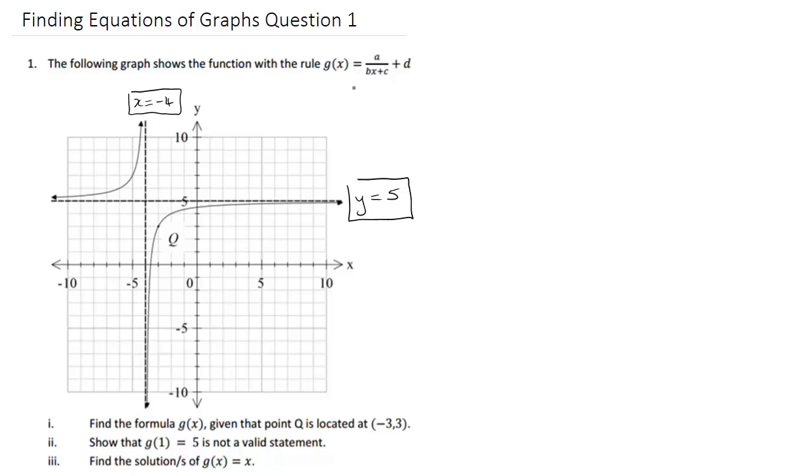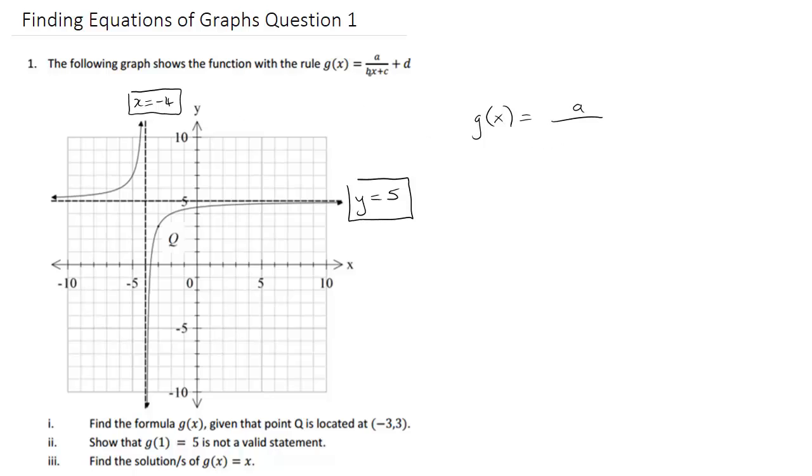Okay? Now, what we're going to do with these two values is we're going to place them back into our formula, because question 1 states to find the formula of g(x). So g(x), so far using that information, is a divided by.